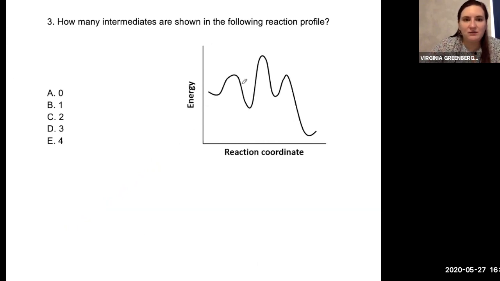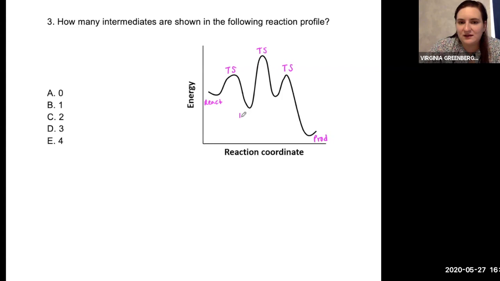In this third problem, we have a reaction coordinate diagram again, and we're trying to figure out how many intermediates are shown in this profile. So let's go ahead and label everything. We're going to start here with the reactants, and then we'll end with the products. Our peaks here are going to be transition states, and that's when the molecules are twisted and contorted in really strange formations along the way to making or completing the step.